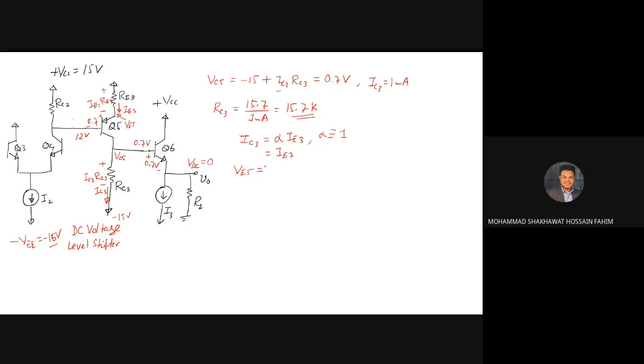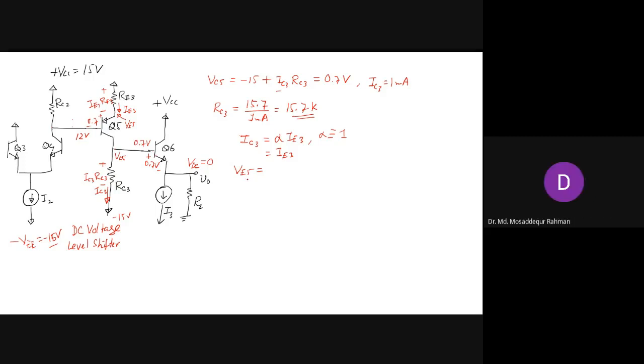Sir, what is the value of RE3? RE3 value, first you need to find VE5, then you can determine RE3. How much should VE5 be? Here VC5 is 0.7, right? Yes, sir.